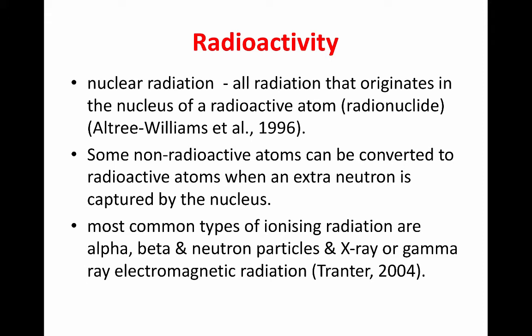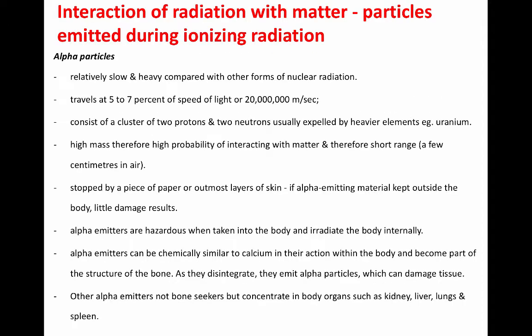The radioactive nucleus is unstable because of the extra energy that the neutron has added to the nucleus. It gets rid of the excess energy and returns to a stable state by emitting subatomic particles and gamma rays from the nucleus. The most commonly encountered types of ionizing radiation are alpha, beta and neutron particles.